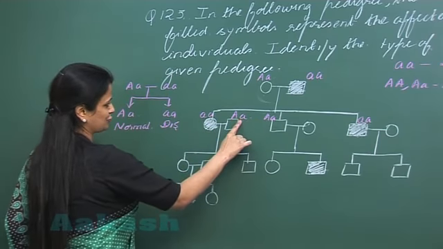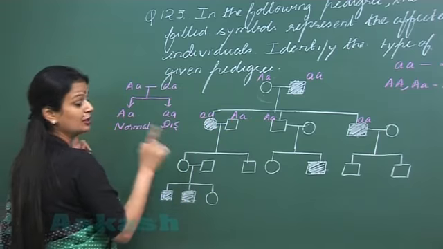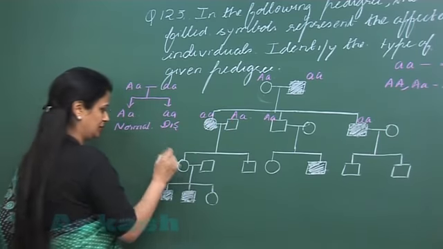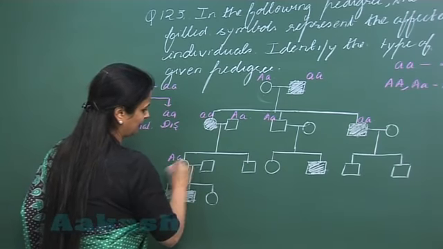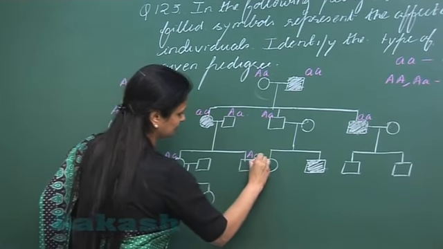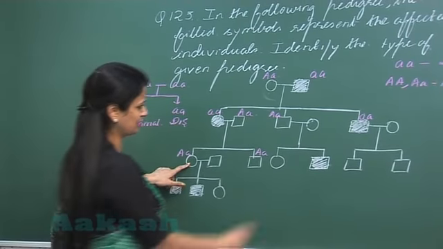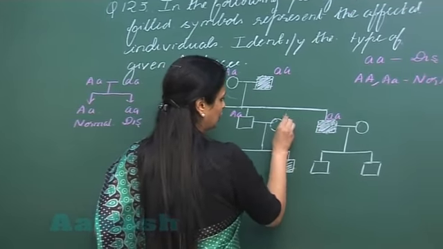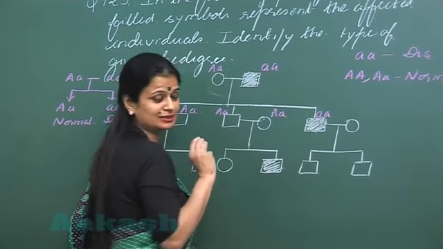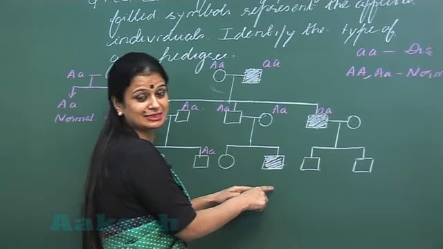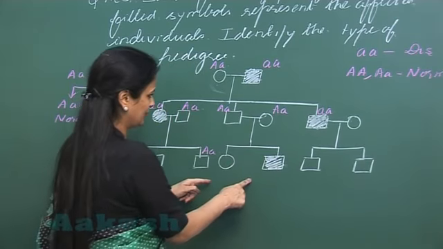If this male is heterozygous, again two types of individuals can be there, diseased and normal. So these normal ones are heterozygous, fine. Now coming to this condition, again normal, it should be heterozygous. If it is heterozygous, then only the disease condition will come in the progeny, fine.